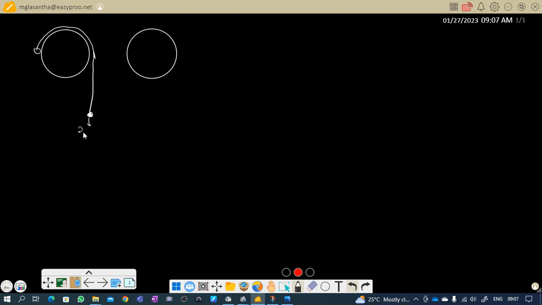Downwards mg. Right. This is mg. So this, when t equals 0, when t equals t and theta equals theta. Suppose this particle rotates by angle theta, right?